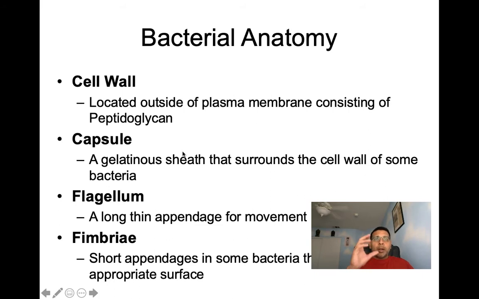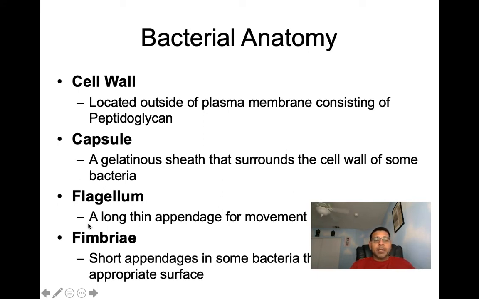Bacteria and their structure will all vary, and here we'll mention a few components we can find. A capsule further protects them, and this capsule is a gelatinous sheath that surrounds the cell wall of some bacteria.